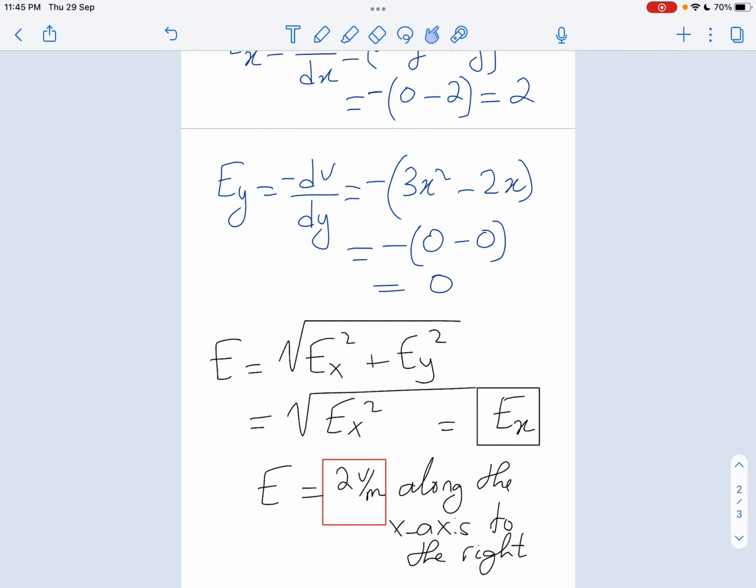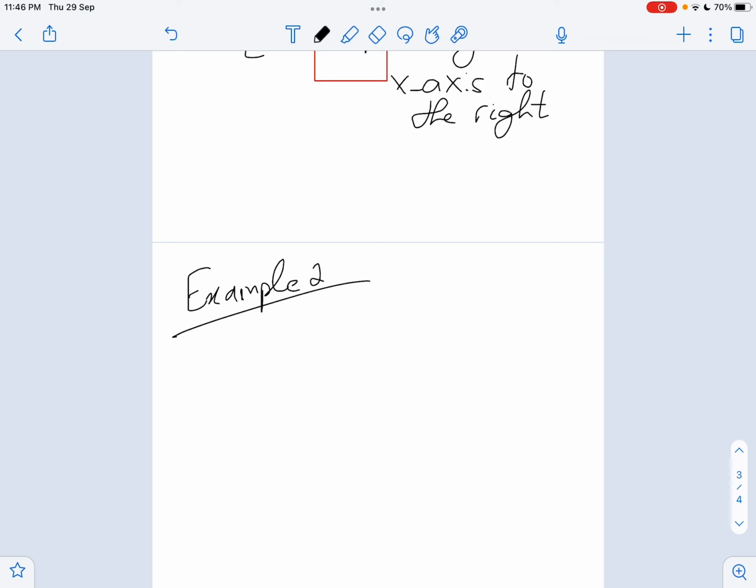Now, let's find the voltage from the electric field. So, example 2. Let's say I am given an electric field E that has two components. The x component of the electric field is equal, let's say, to -2xy.